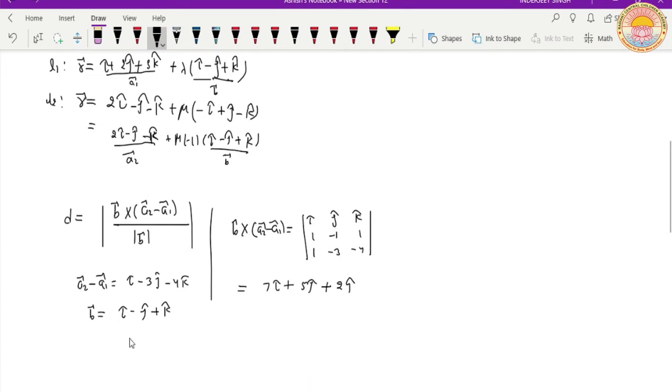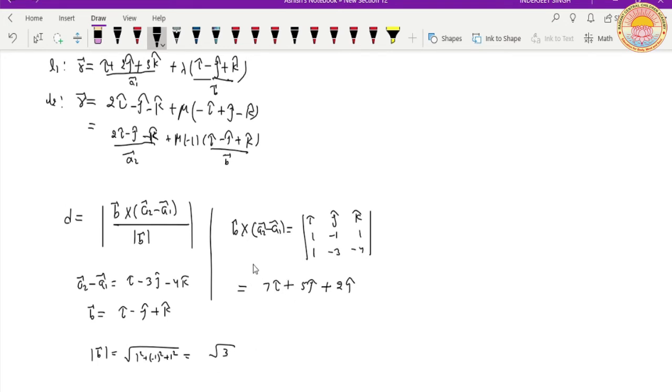And we also need the magnitude of vector B. The magnitude of vector B is given by the square root of 1 square plus minus 1 square plus 1 square. It means square root of 3.